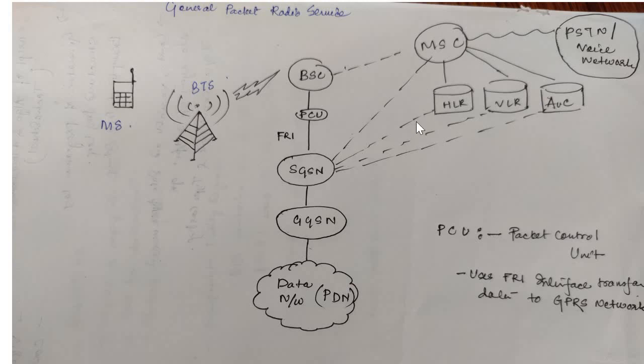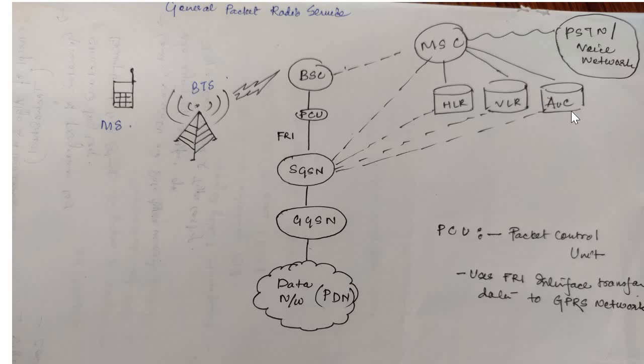So SGSN also interacts with HLR, VLR and AUC. HLR is the home location register, which contains all the user details, and VLR is the visitor location register. It contains all the users who are roaming, who have come to other locations and are not present in their home location. And the authentication center is, of course, for security. So SGSN communicates with all of these to do its job.